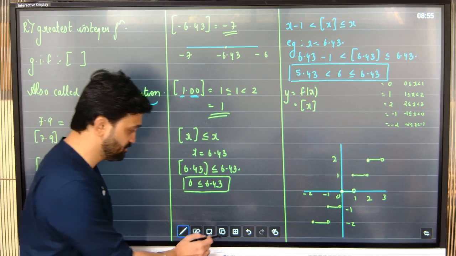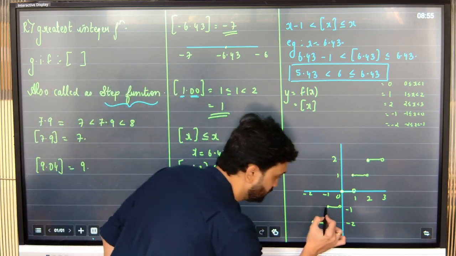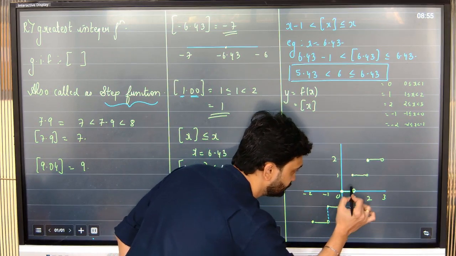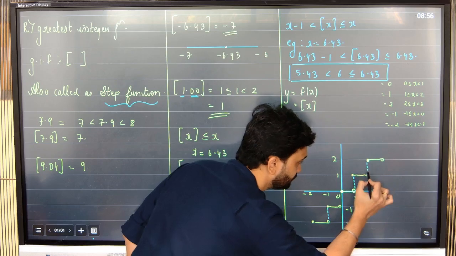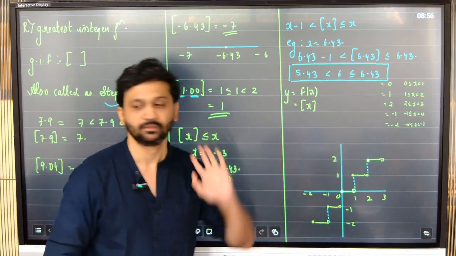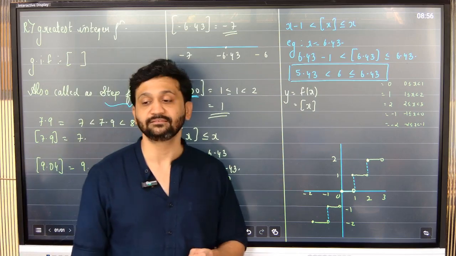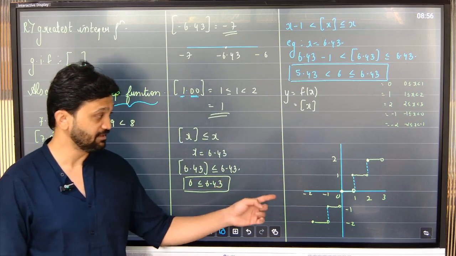If you pay attention carefully, look at this. It forms a step. So that is why greatest integer function is called a step function. A step function is not a continuous function.